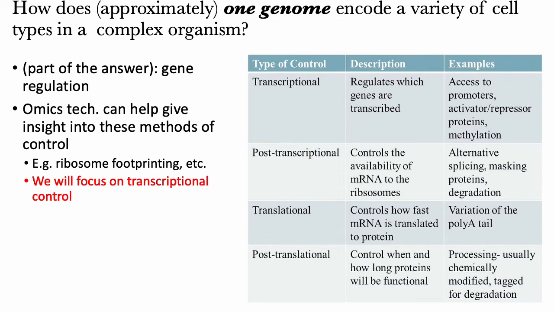Of course, there are a lot of other forms of control that we won't really touch on, things related to post-transcriptional control, translational or post-translational control as well. The underlying theme here is that various types of DNA sequencing technologies can really help give us insight into these different methods of control, through technologies like what's called ribosome footprinting and things like this that we'll also touch on later.